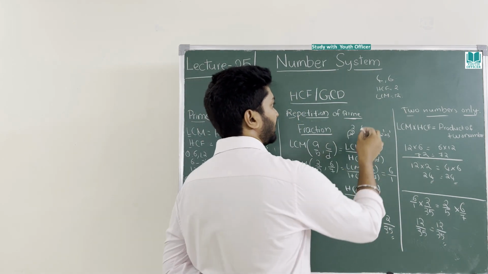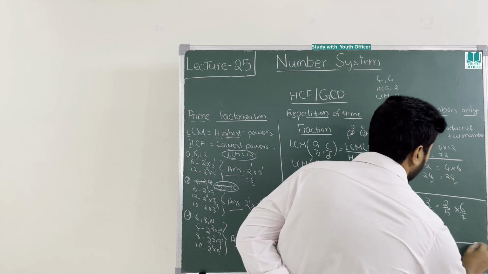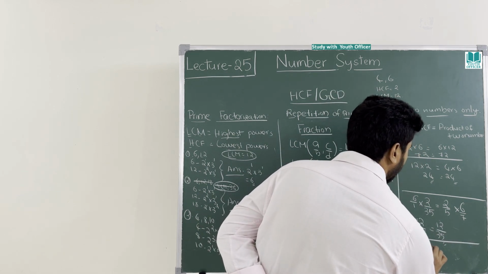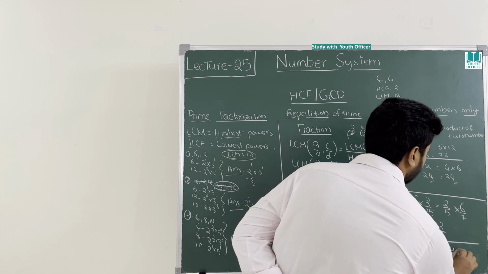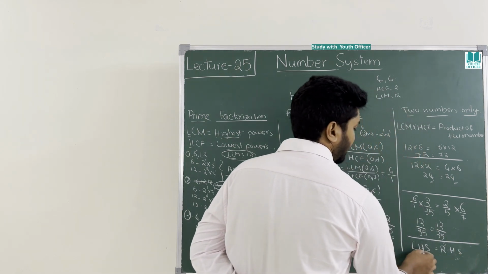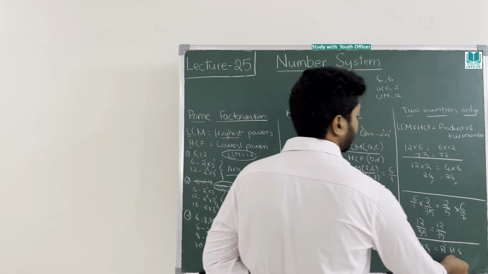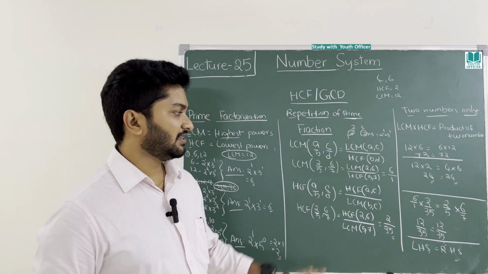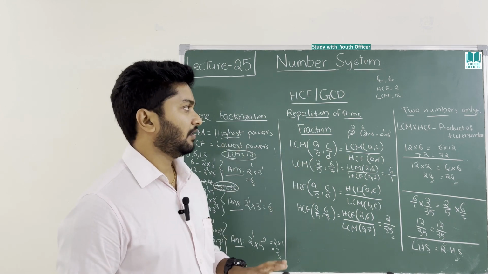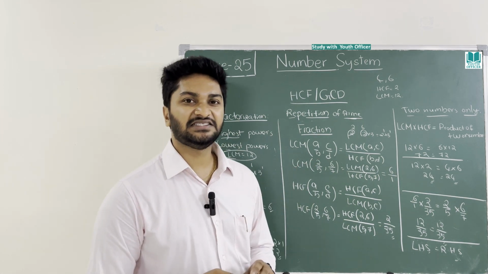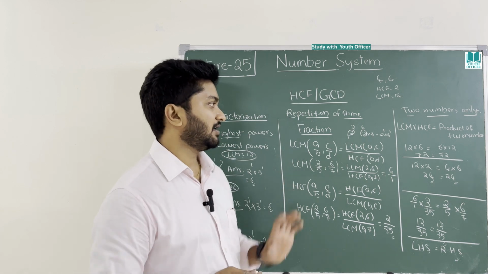In maths we use LHS equal to RHS, meaning left hand side, right hand side. When they are equal, the property is good. Now this is the whole LCM and HCF package, how to calculate them.